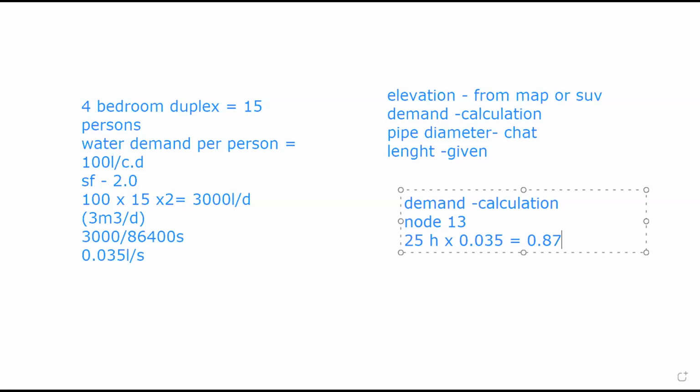Next, we move to the upstream of node 13, which is node 6. So you go back to the drawing and ask yourself, what is the area connected to node 6, or what is the number of houses, since it's already a planned development. If you come here, you see we have 1, 2, 3, 4 houses. And in water demand calculation, you need to project for the future.